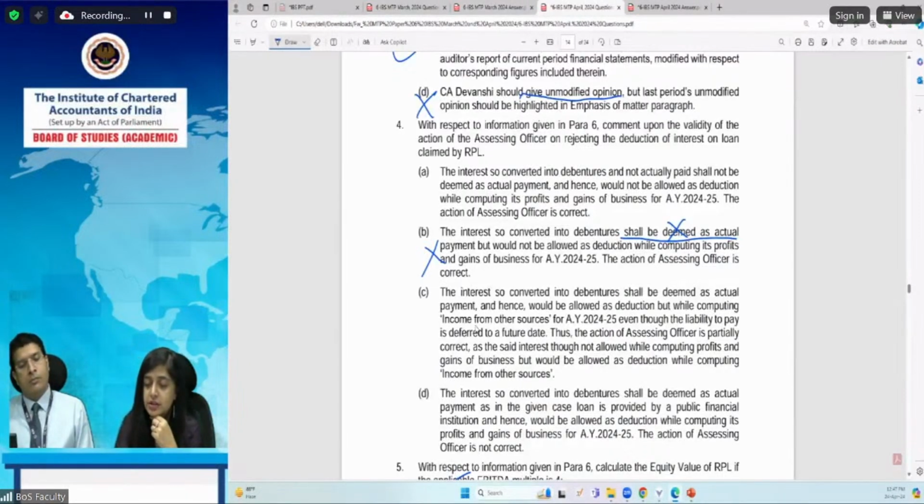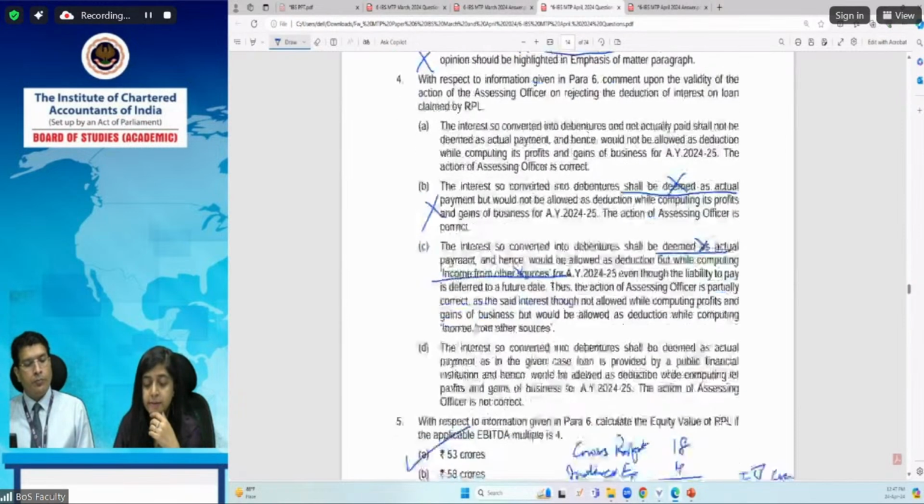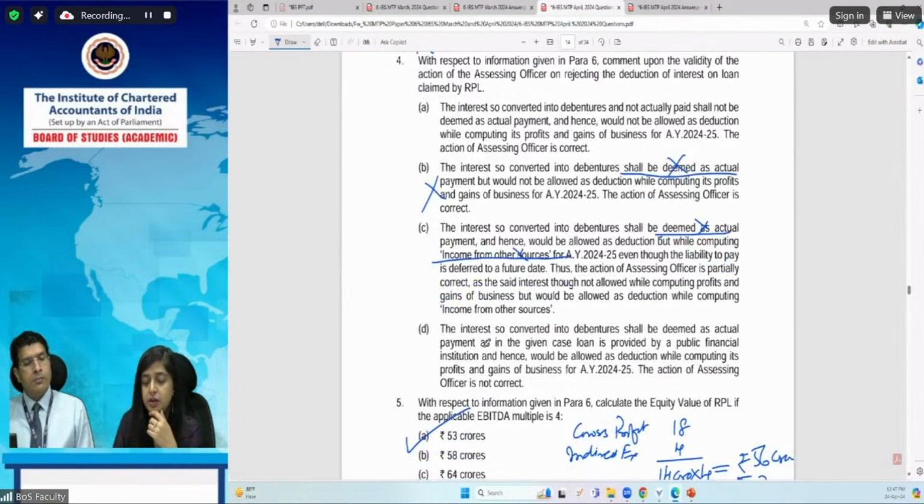First of all, it is not deemed as actual payment. Second, whether deduction is allowed or not, it is not under income from other sources. So this option is also incorrect. Option D says the interest so converted shall be deemed as actual payment as the loan is provided by a public financial institution and hence would be allowed as deduction while computing PGBP income. No, that would not be deemed as actual payment.